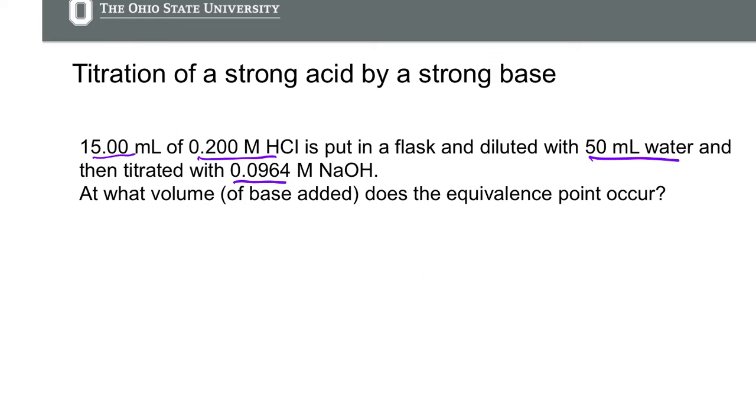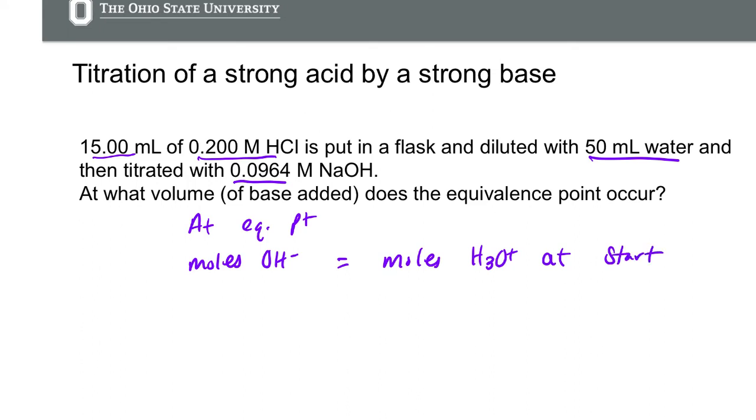Let's see. At what volume does the equivalence point occur? So again, we know that at the equivalence point, by definition, the moles of OH minus added equals moles of H3O plus, or H plus, at the start. Okay?